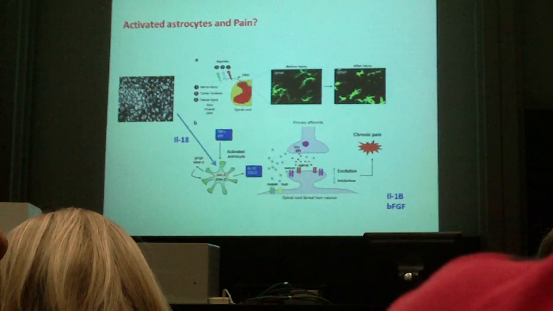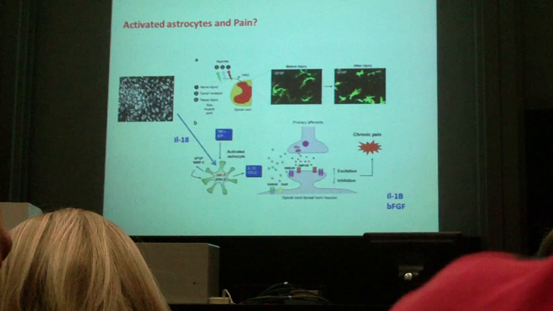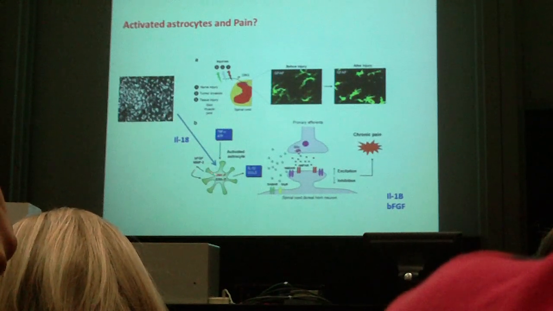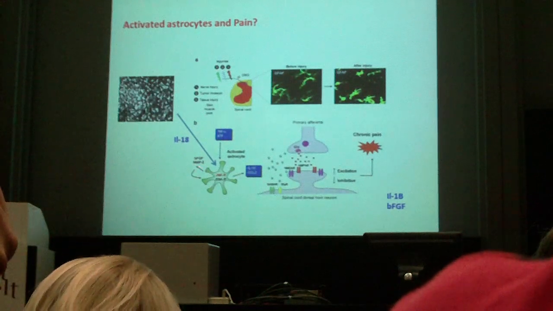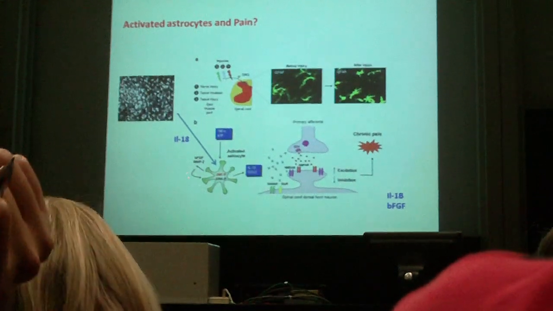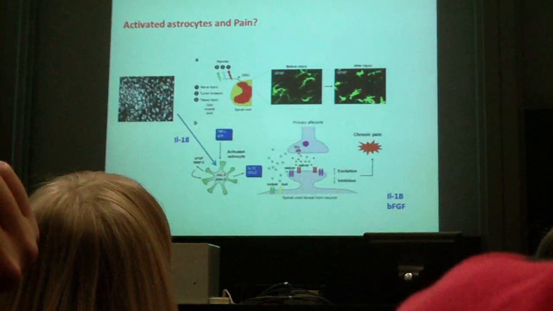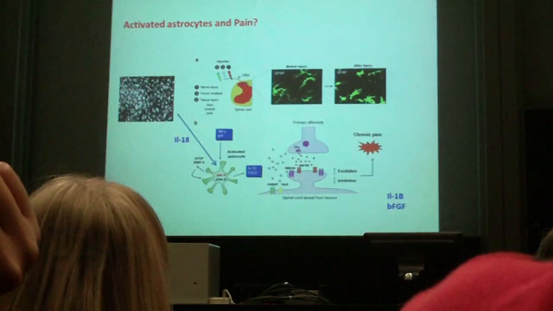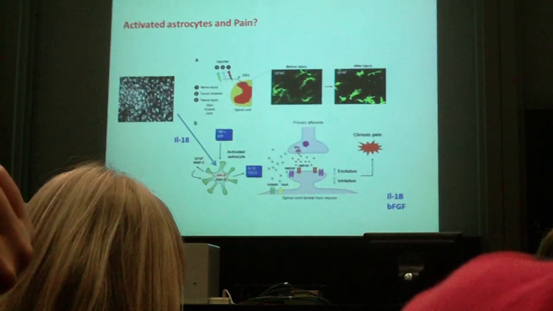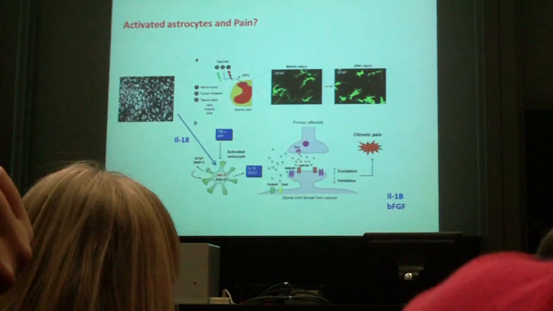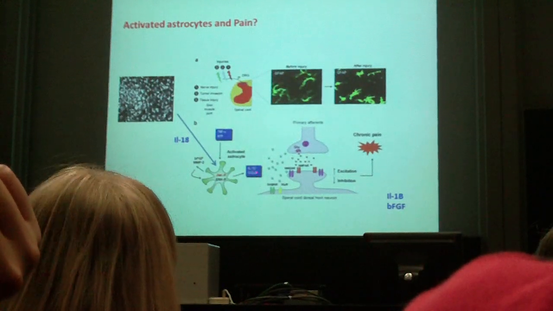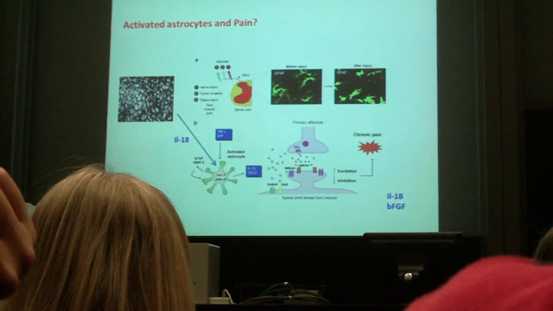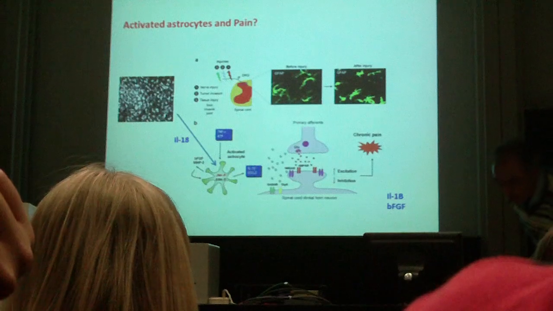But they continuously release this interleukin 1 beta, because at the same time they release a trophic factor, and they have a kind of autocrine loop which keeps them activated. This bFGF they release activates the astroglial cell itself, and then it releases interleukin 1 beta, which interferes with the central sensitization. So the astrocytes stay activated through the release of this molecule.